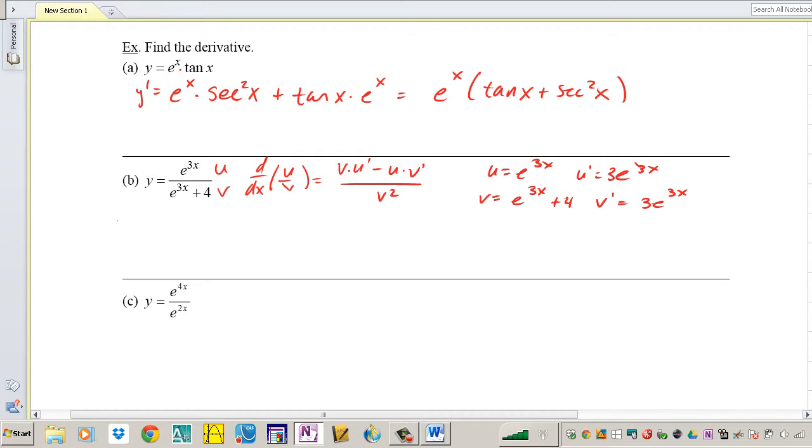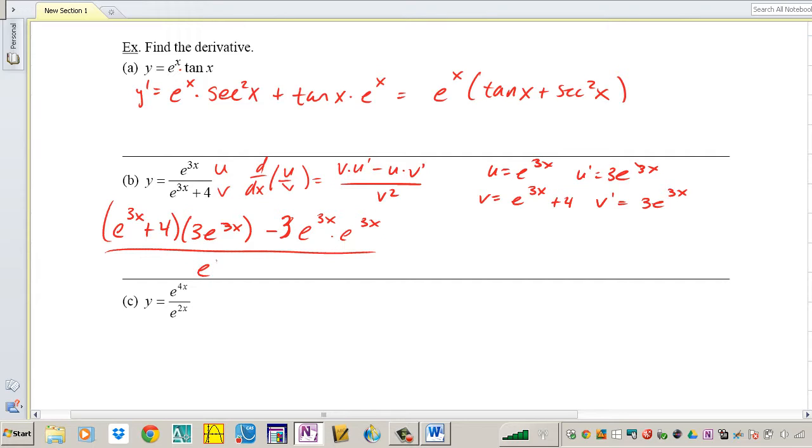So it's going to be v, e to the 3x plus 4, times the u prime, 3 e to the 3x, and then we have minus u, e to the 3x, times the derivative of v, which is 3 e to the 3x, all over v squared, e to the 3x plus 4 squared.